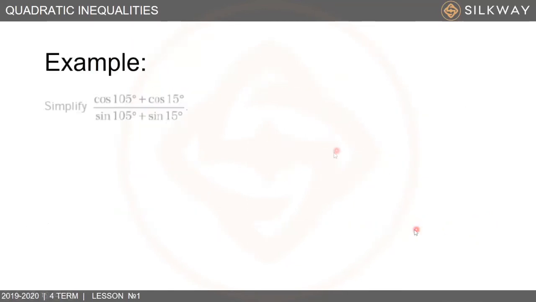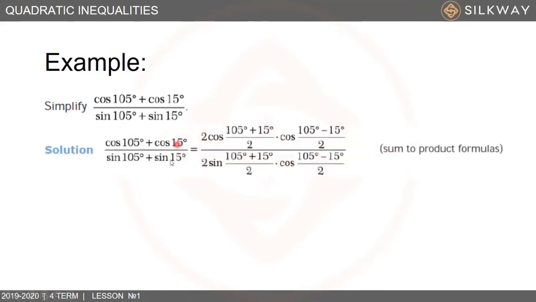Okay, and now in this example, we use two formulas. We need to simplify this expression. We use sum to product formulas for cosine in the numerator and sum to product formulas for sine in the denominator. Okay, we use these formulas, and we will have here cosine 60 degrees multiplied by cosine 45 degrees, and sine 60 degrees multiplied by cosine 45 degrees.